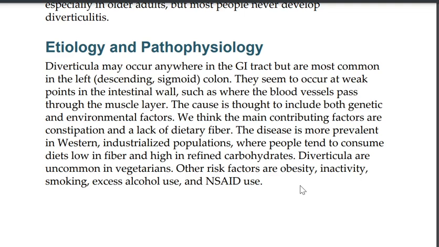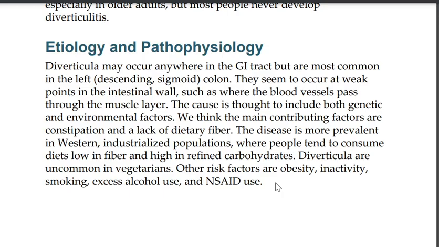So maybe genetically how the bowel is made, we don't know, right? We think the main contributing factors are constipation and lack of dietary fiber, just like I said. So just keep that in mind. The disease is more prevalent in Western industrialized populations where people tend to consume low fiber diets and high carbs.